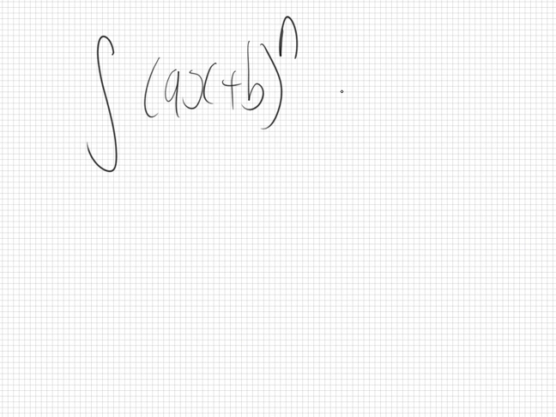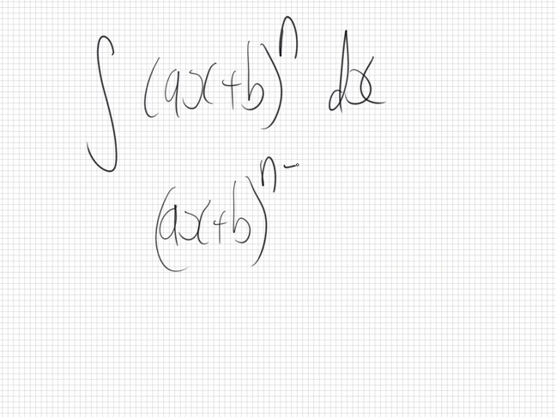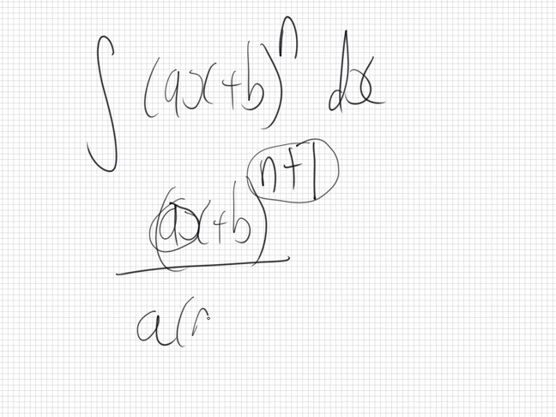Watch, listen, understand. If you have something like the integral of (ax + b) to the power n dx, a quick way to integrate it is you increase the power by 1, and you multiply this number by this number and put it down below.